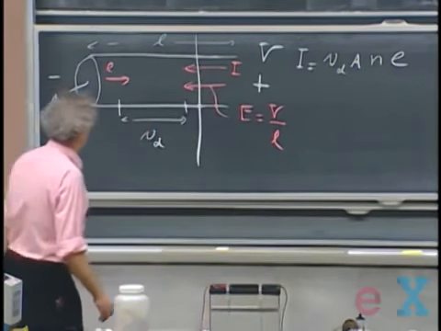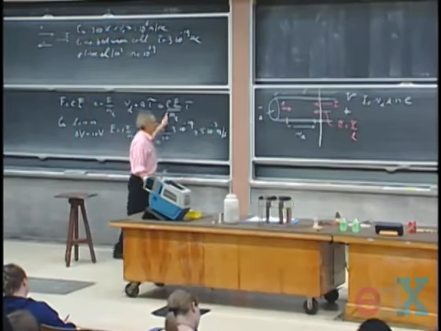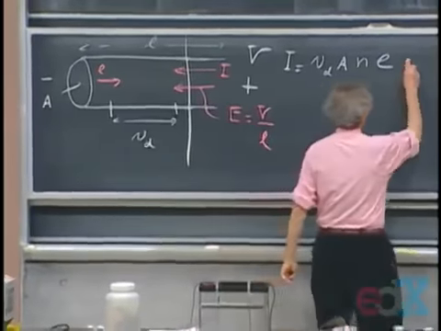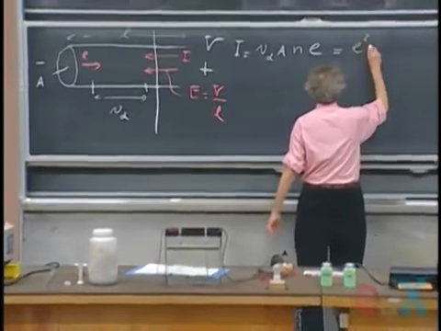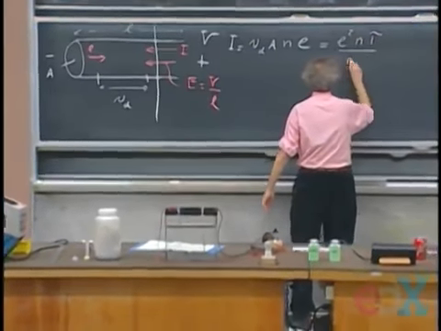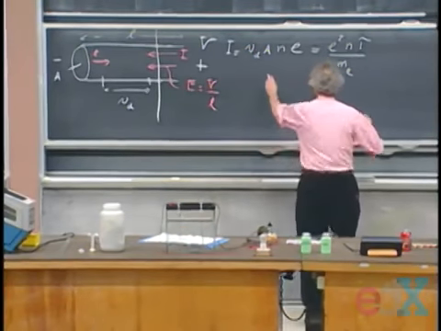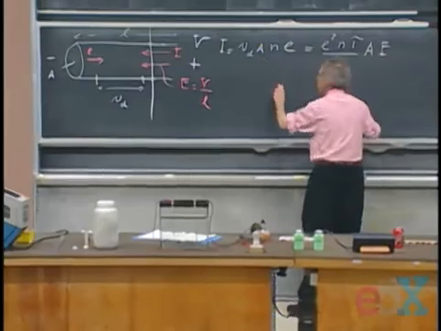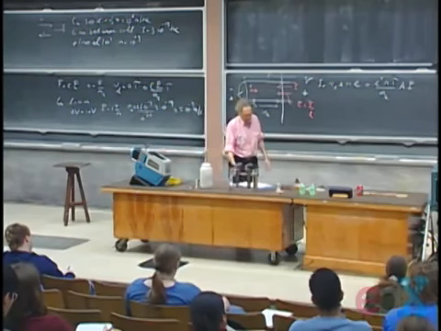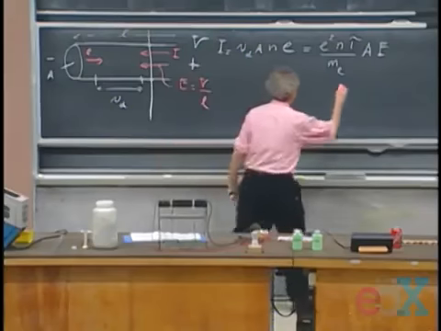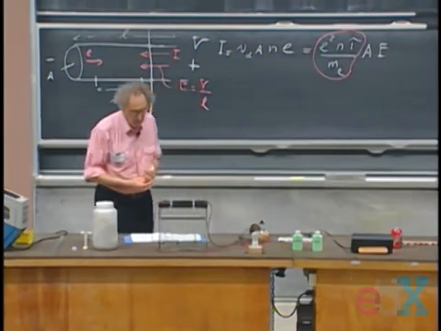If I now substitute the drift velocity, which we have here, then I find that the current is: I get e squared, a charge squared, I get N, I get tau, I get downstairs the mass of the electron, and then I get A times the electric field E. When you look at this, that really depends only on the properties of my substance for a given temperature.